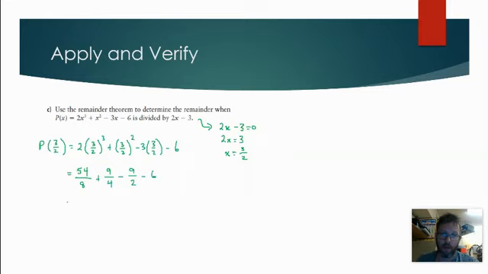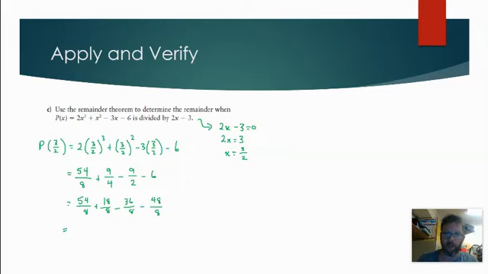I'm just going to make everything a fraction over 8: plus 18 over 8 minus 36 over 8 and then minus 48 over 8. Now, I might be getting myself into trouble here with the mental math, but let's try to do this.